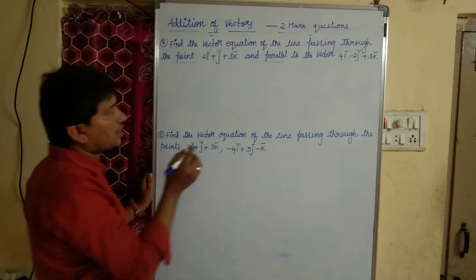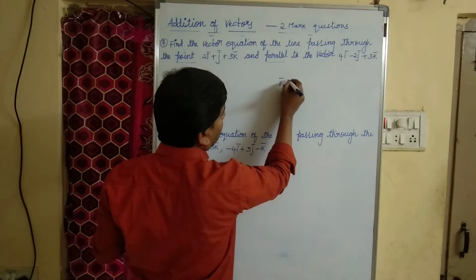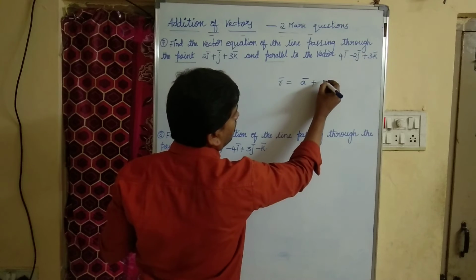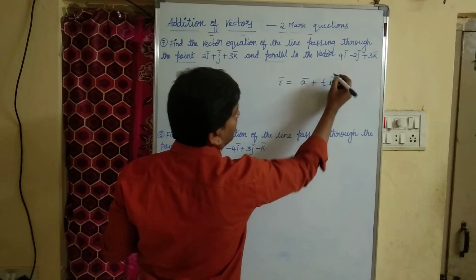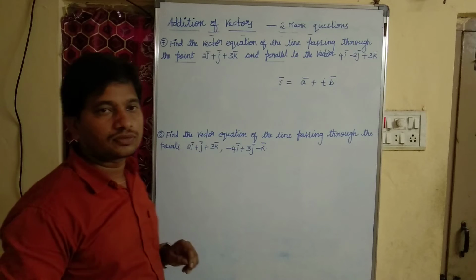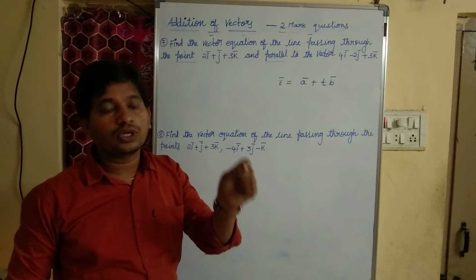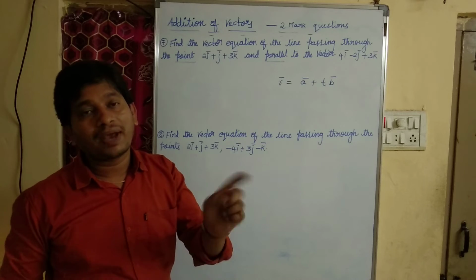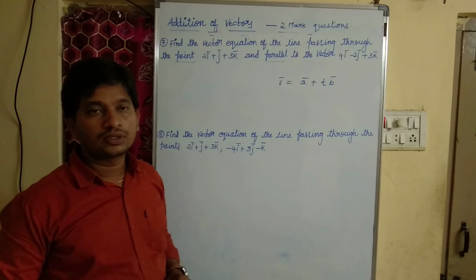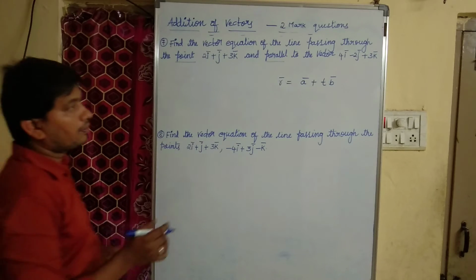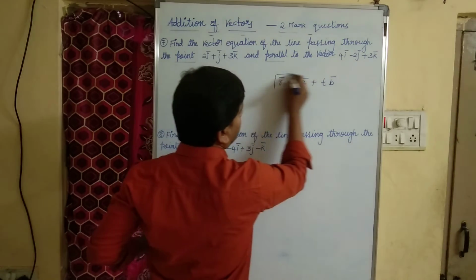So vector equation of line passing through the point and parallel to the vector, r bar equal to a bar plus t b bar. What is the formula? r bar equal to a bar plus t b bar. This is the formula, children.